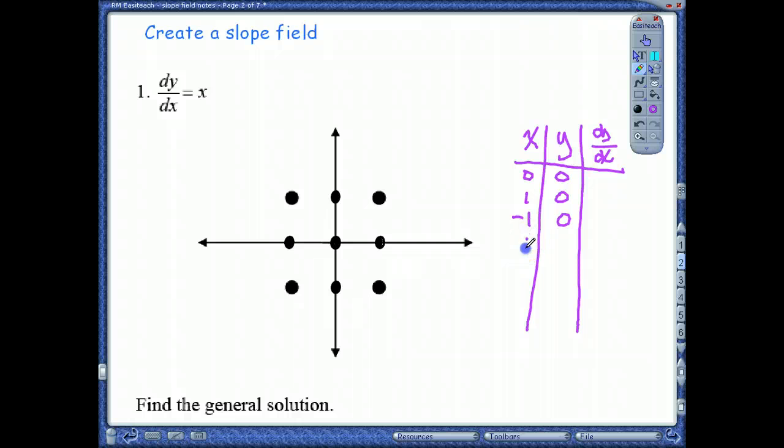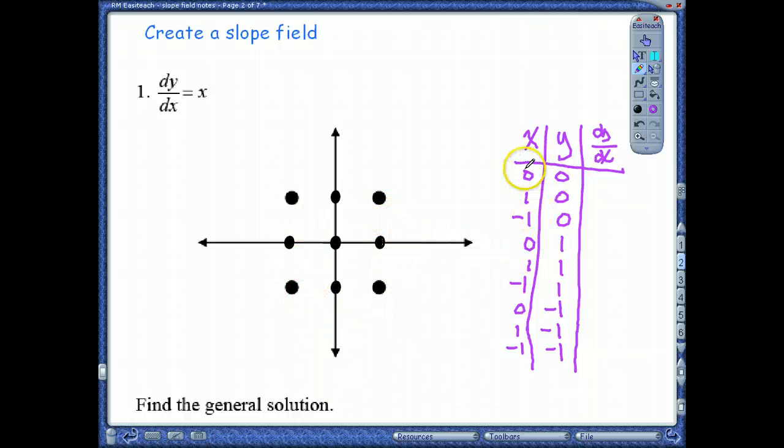Then we've got the point 0, 1, 1, 1, negative 1, 1, and then the point 0, negative 1, 1, negative 1, and then negative 1, negative 1. So these are just the coordinates of each of these points on this grid.